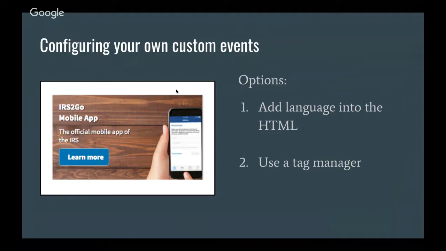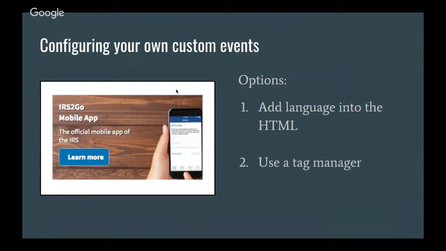You can also configure events yourself. So if you were to have an independent Google Analytics account and you just started it up and you don't have any events coded when you just put the new code on that site, you can configure your own. And there are 2 ways that you can really do that.